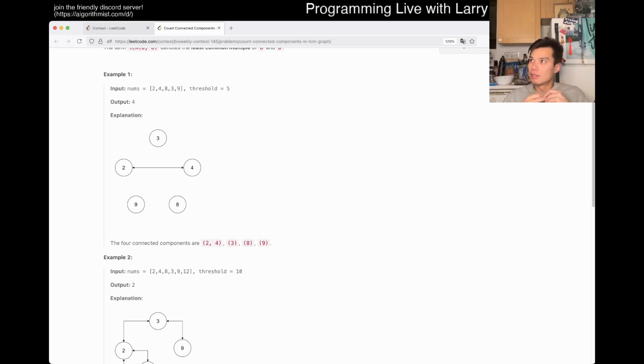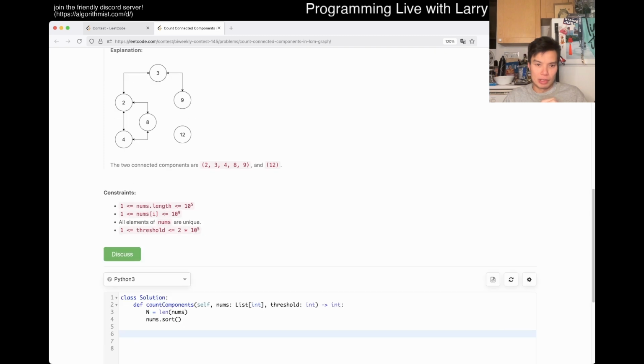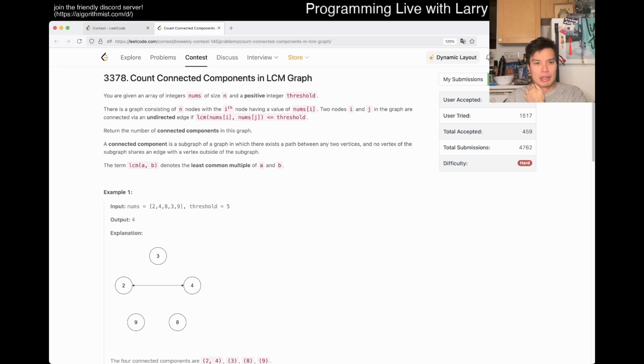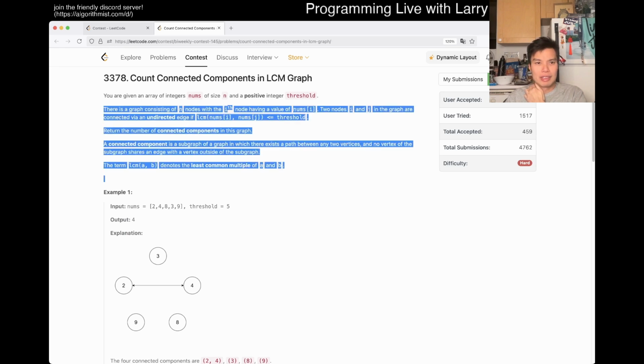Or like it's not the worst case because threshold could, oh, threshold is much smaller. What does threshold mean? Why is threshold small? Threshold is small. All numbers are unique. Okay, that's another thing actually. Is that even mentioned? It doesn't seem like it's mentioned here actually, and that's kind of bad.